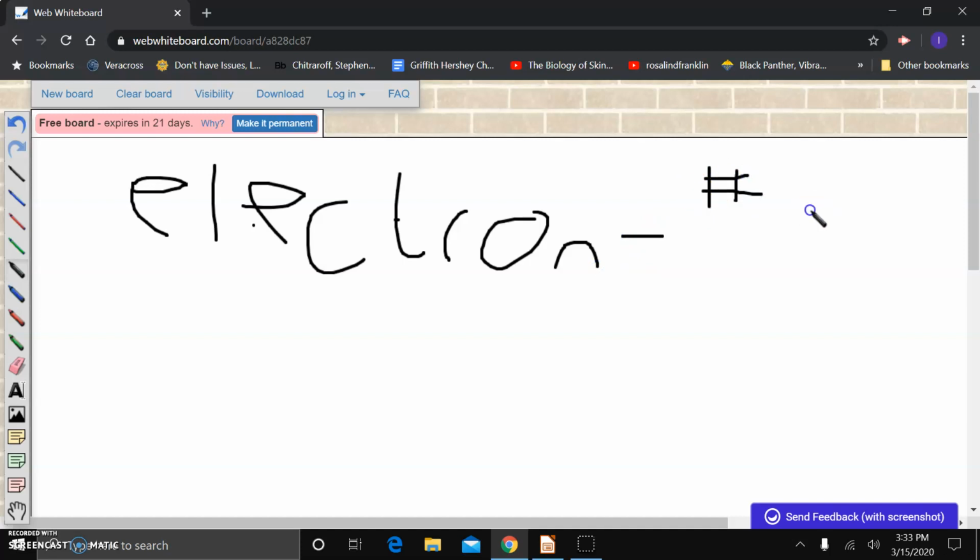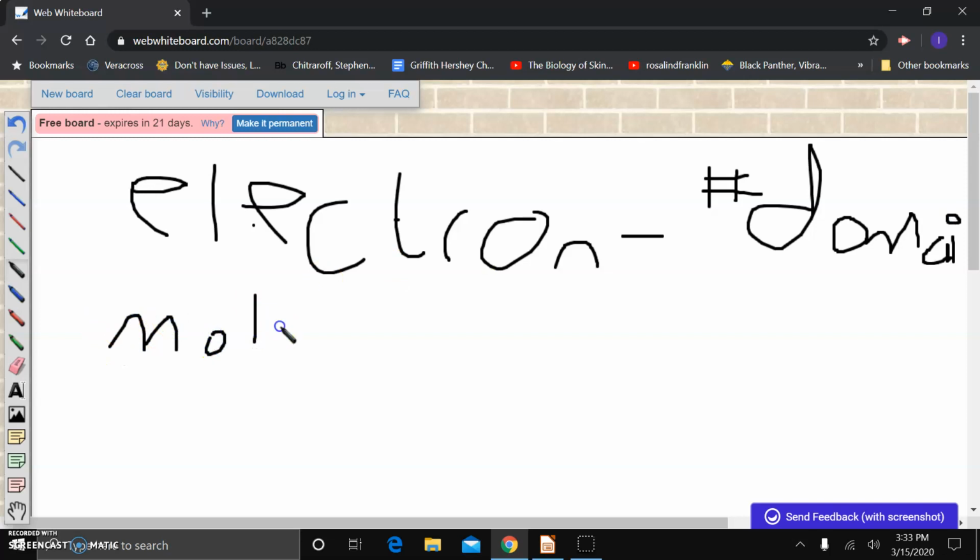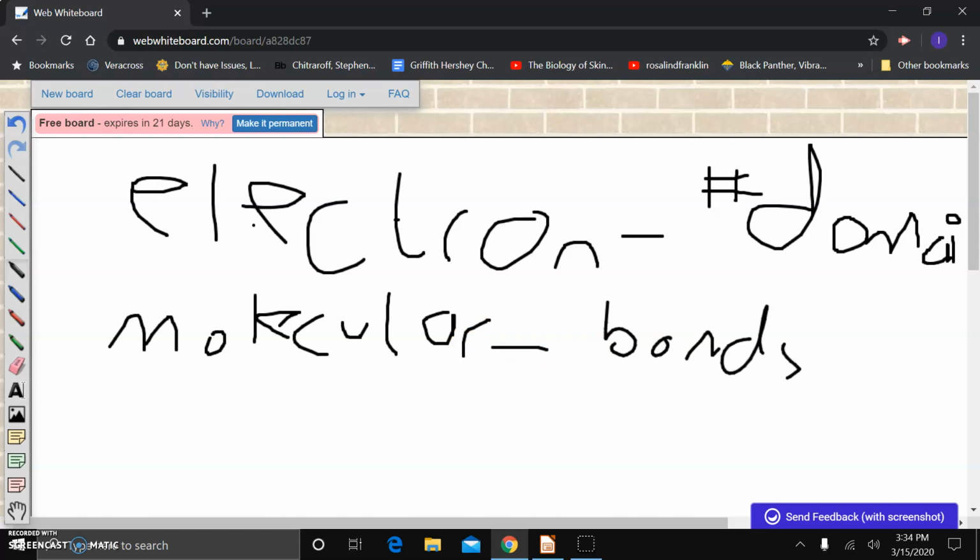We just care about the domains. Molecular geometry, though, says we're going to be a little more specific. We are going to split it into bonds and lone pairs.